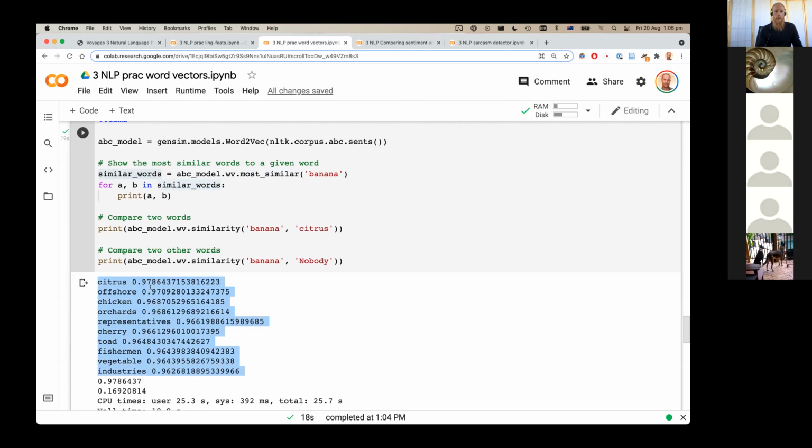Citrus, I'd expect, maybe. I'm surprised that fruit is not in the top 10. It's kind of odd that chicken's there. It's very surprising that representatives features quite highly in this list. So there's something about this data source that maybe doesn't have many examples of bananas in recipes or something. So we can see that the information that we work with is very dependent on the data, the biases in the data.